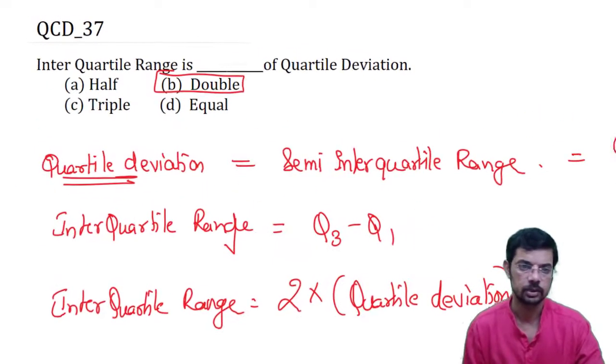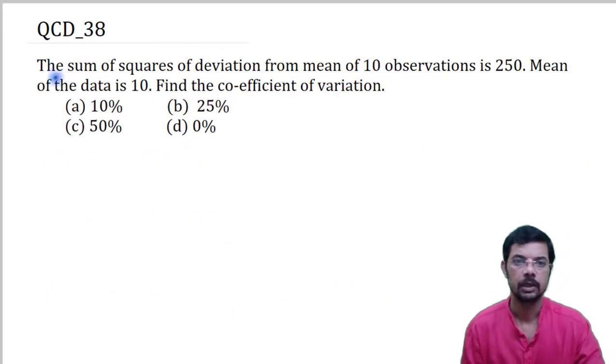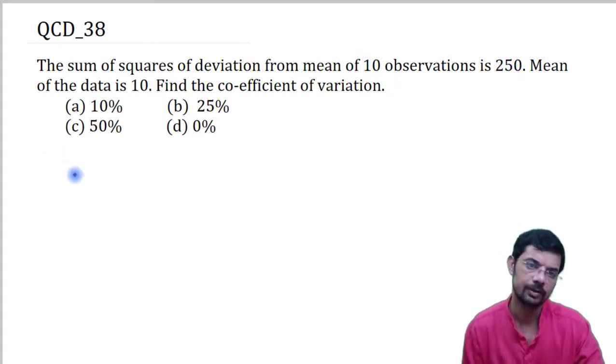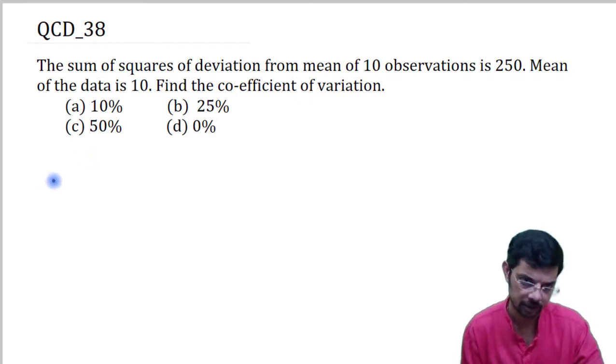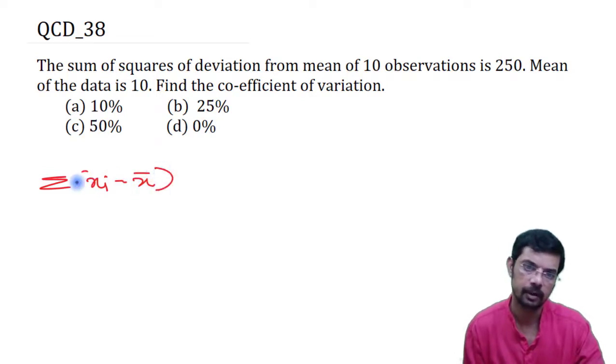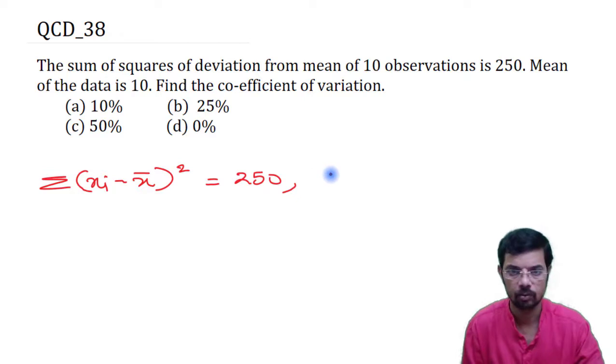Next question is question number 38. Here the sum of squares of deviations from the mean of 10 observations is 250. So if xi are the set of 10 observations, then sigma (xi minus x bar) whole square is equal to 250, where N is equal to 10.